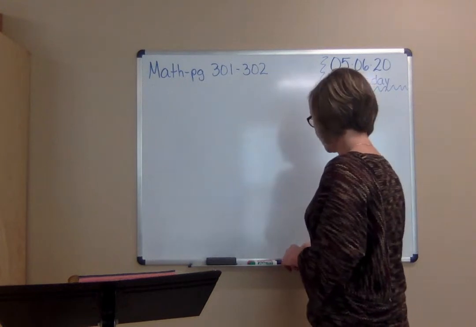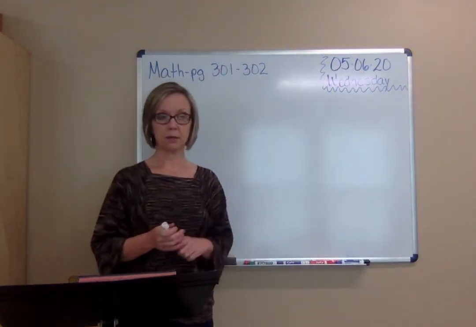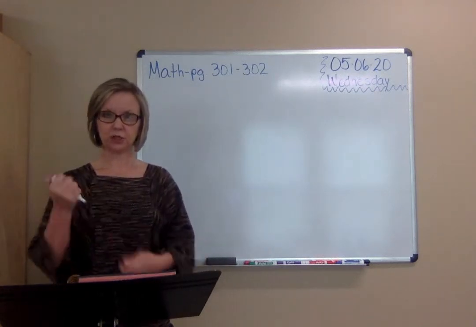If you would like to go ahead and start on 2A, I'm going to get my information put up here, and I'll catch up with you in just a second.